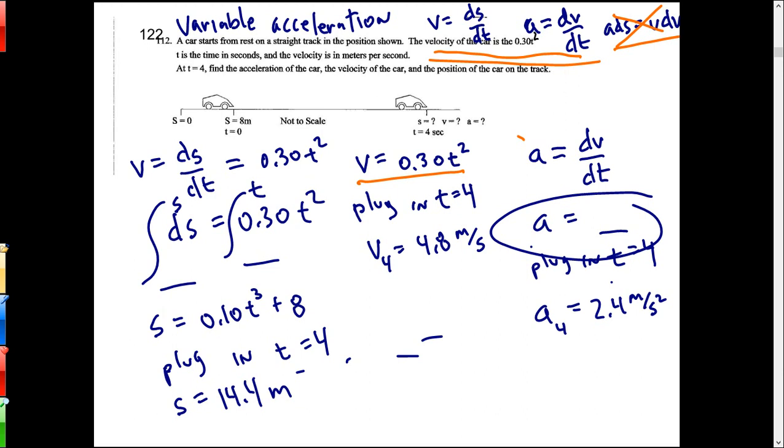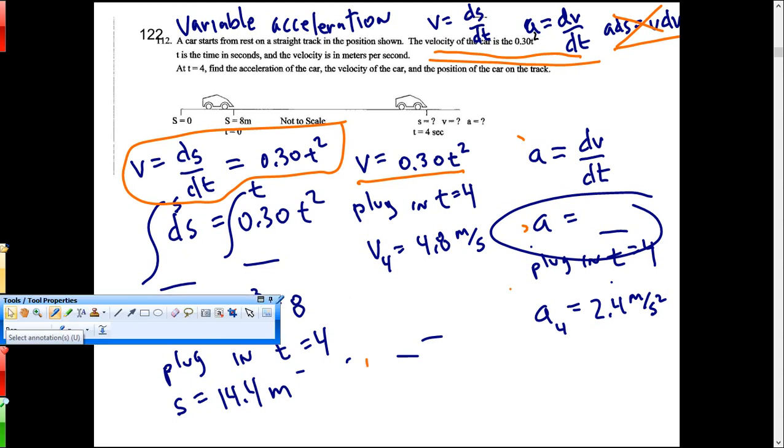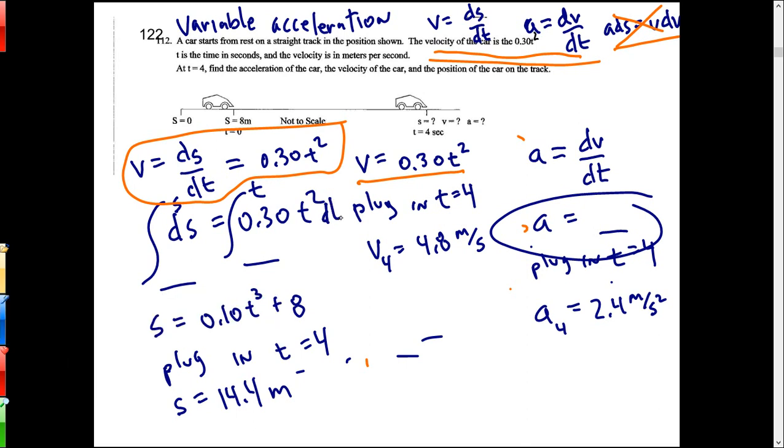So what we're doing here is we're doing this kind of classic little thing that we seem to do a fair amount of. We're setting up that v is ds dt, and that's equal to 0.3 t squared. What you can then do is get those differentials turned into regular variables by splitting the differentials. So leave the ds here on this side, take the dt to the other side, and I forgot that dt, didn't I? Whoops. So why don't I get that in there? There we go. There should have been a dt there.